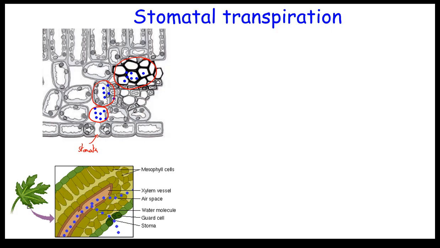Now you'll notice there's the continuous column of water, because of the broken down end cell walls of the xylem vessels. The water moves up in a continuous stream out through the pits to the surrounding cells, and then it evaporates from the mesophyll cells into the air space and then out the stomata, down the water potential gradient.